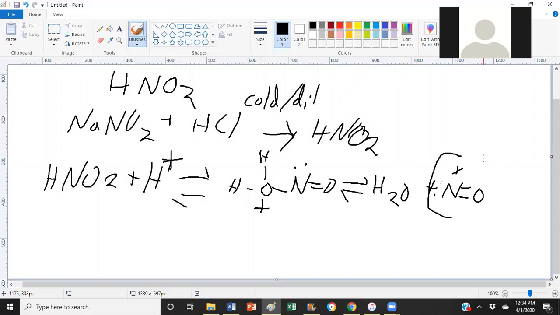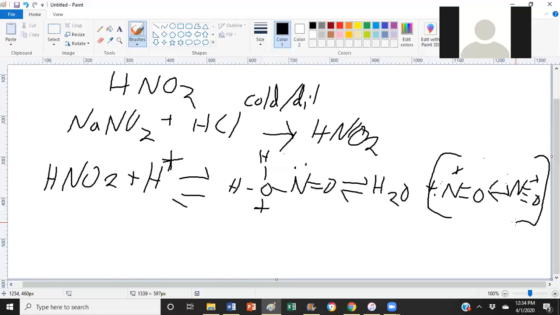We have this, and it could go between that and our double bond, much like a carbonyl, just like C=O. So HNO2 in the presence of acid is going to generate nitrosonium ion. This nitrosonium will form what's called a diazonium.